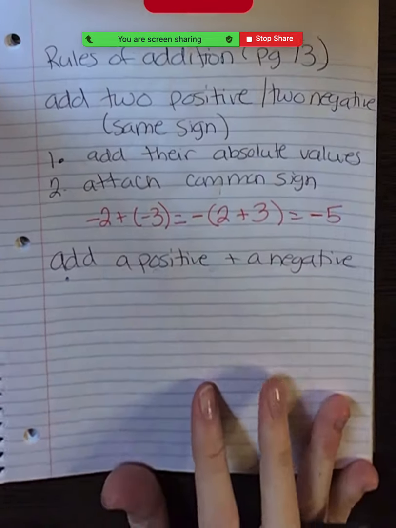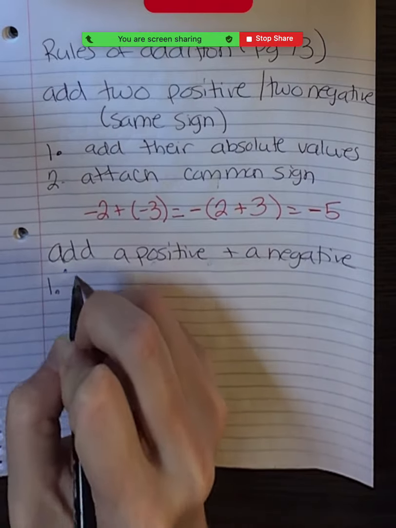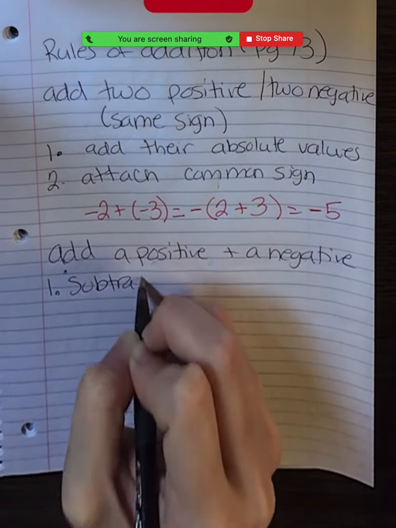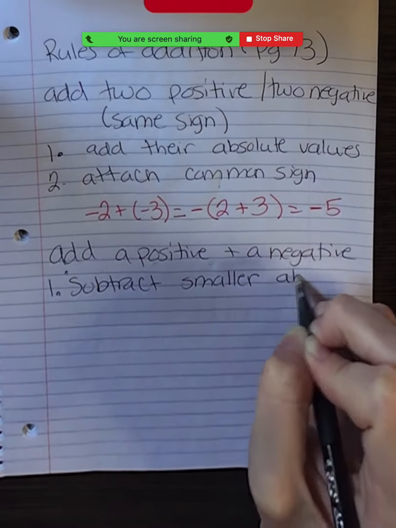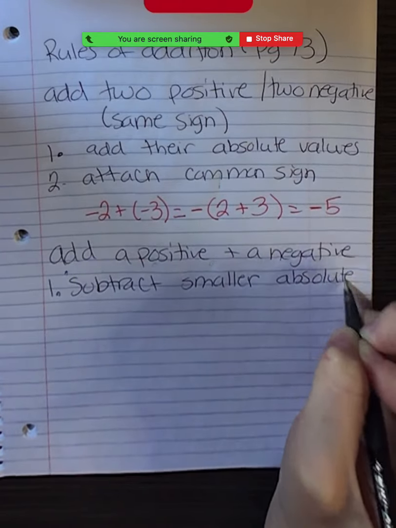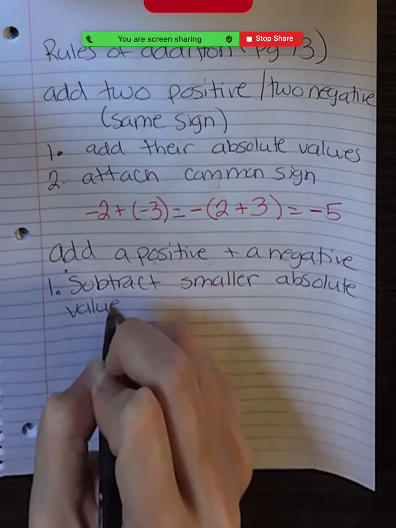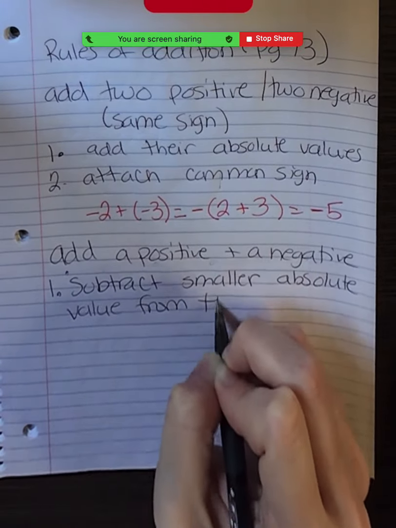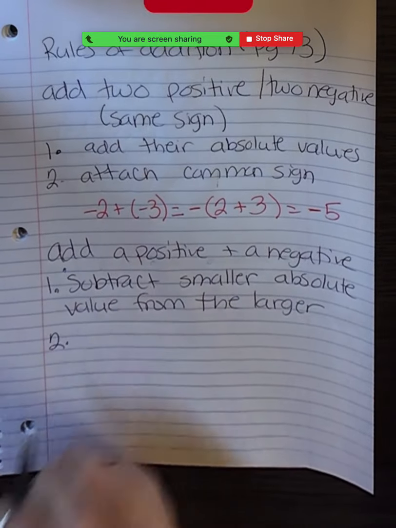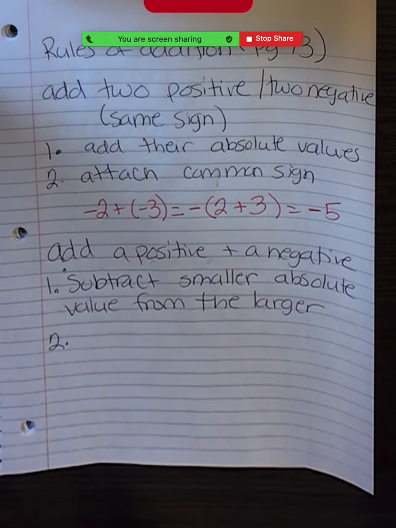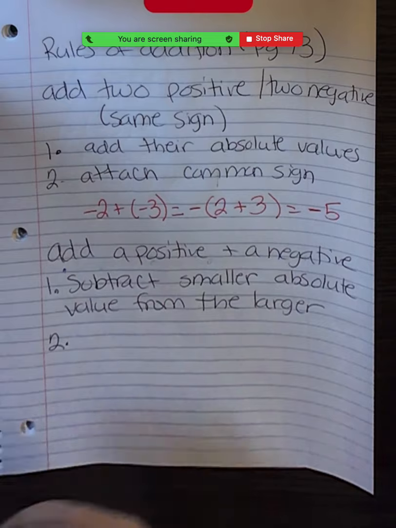When you're adding a positive and a negative, you're actually going to subtract the smaller absolute value from the larger, and then you're going to attach the sign of the number that has the bigger absolute value.